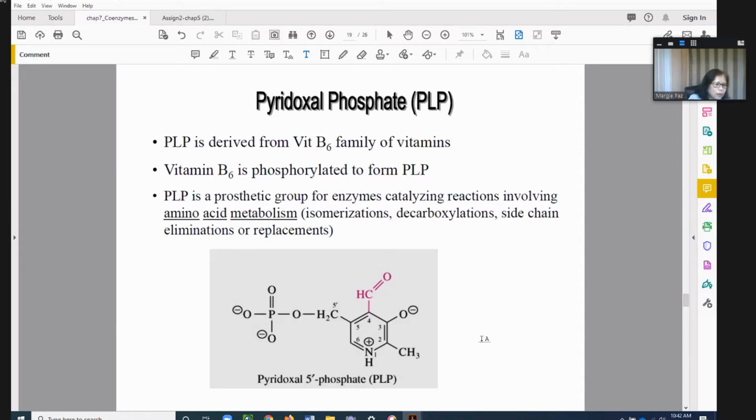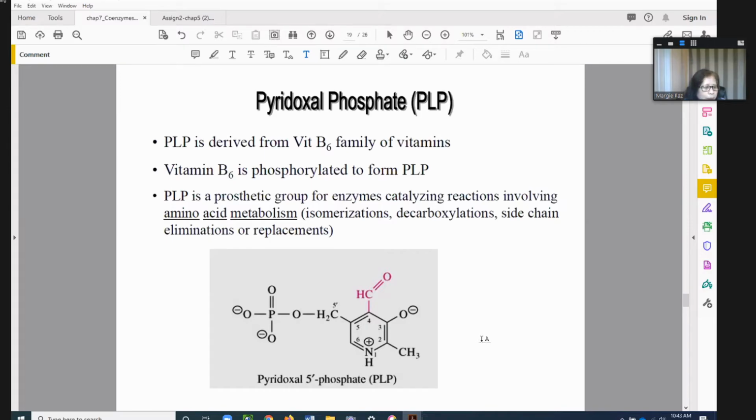If we refer to this reaction we call transamination, an amino group is transferred from one molecule to another. The enzymes that catalyze the transfer of the amino group are called aminotransferases.